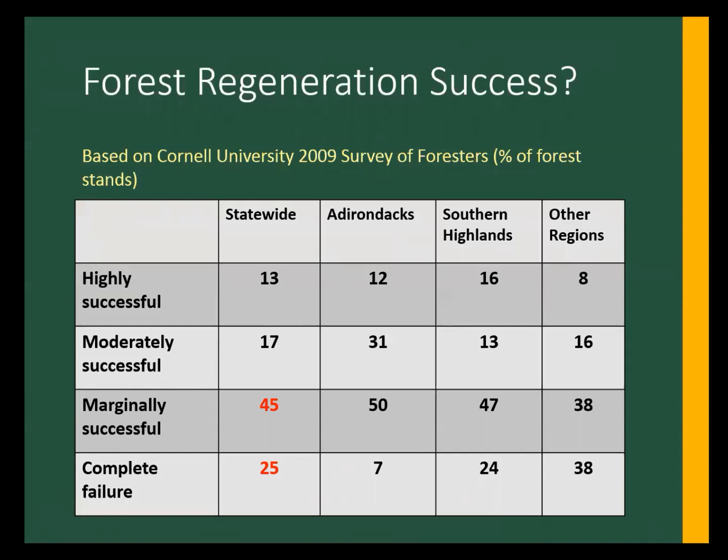They asked practicing foresters, in the stands that they visited, how many of them did they see highly successful regeneration in, how many moderately successful, marginally successful, or a complete failure, in terms of the percent of the forest stands that they saw. And you can see that statewide, 45% of the stands were marginally successful and 25% were considered a complete failure in the eyes of the foresters who were working in those stands.